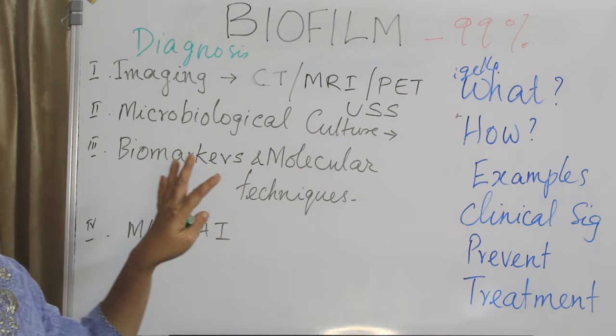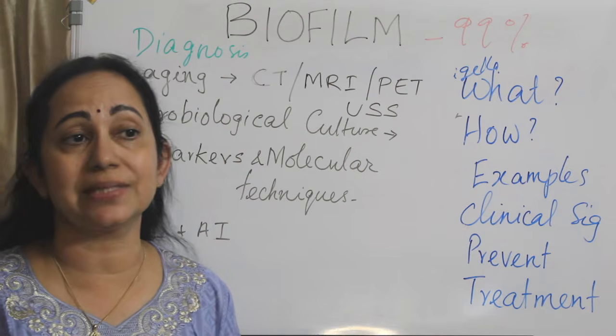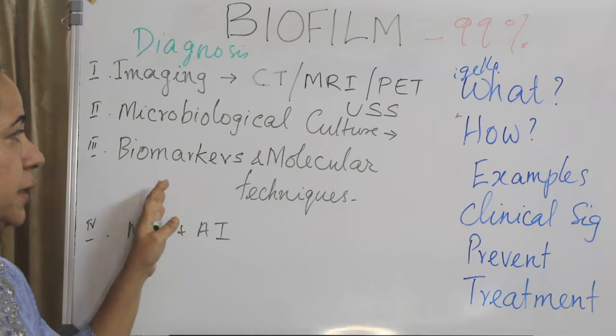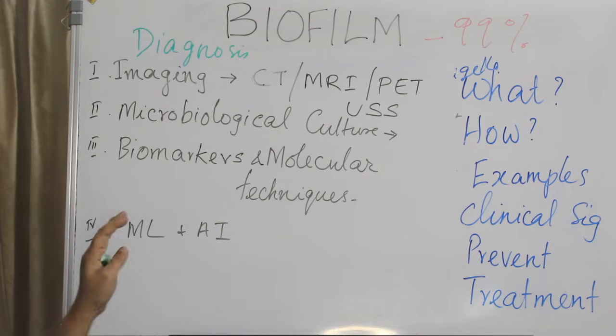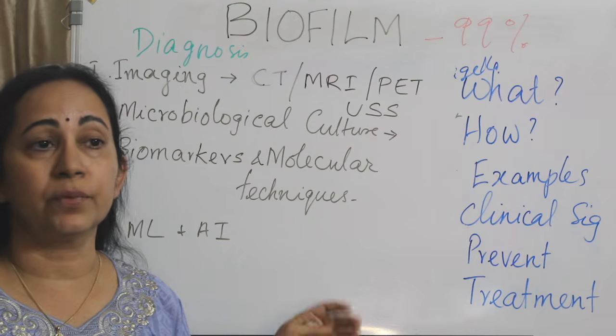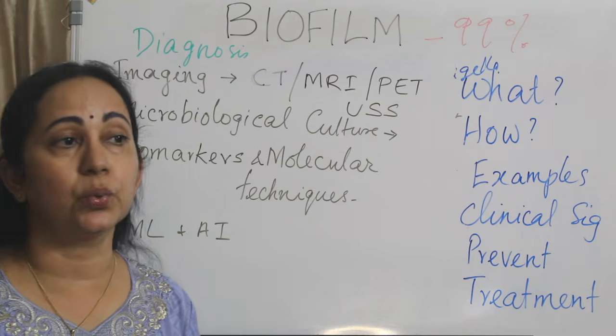Then microbiological culture to find out the type of organism and also the antibiotic sensitivity pattern. Both are important. Biomarkers and molecular technique is very important, and along with that the emerging machine learning algorithms and artificial intelligence for the diagnosis of resistant cases is also very crucial.